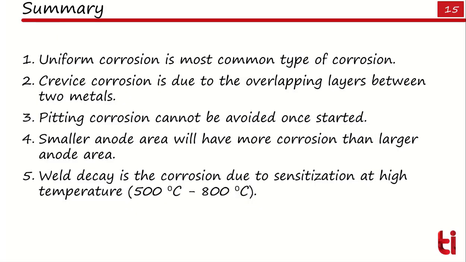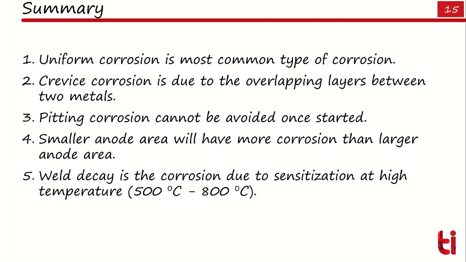So in summary, what we have understood in today's class is uniform corrosion is the most common type of corrosion and universally found. Crevice corrosion is due to the overlapping layers between two metals with a very small narrow opening.